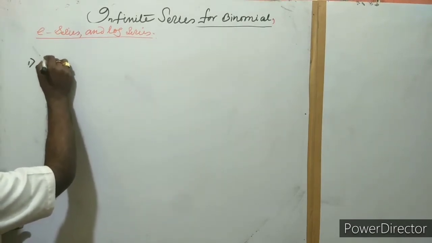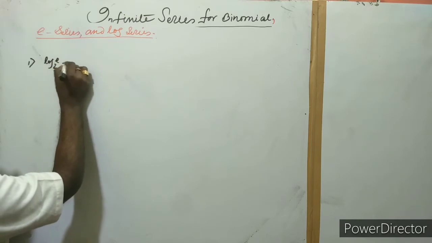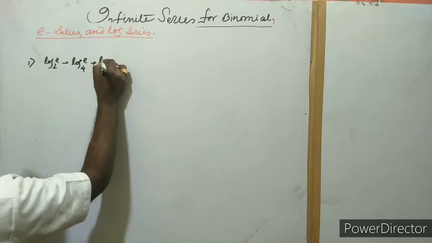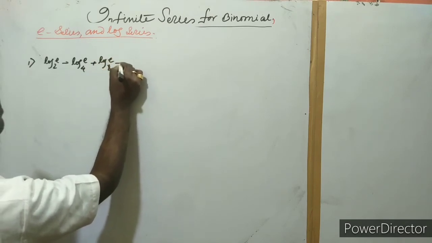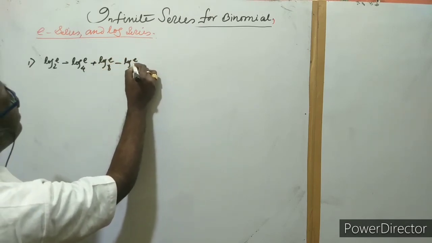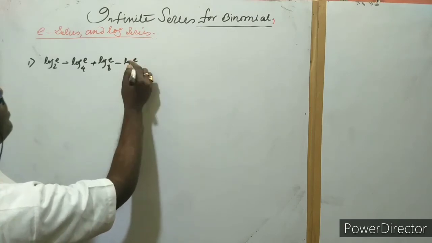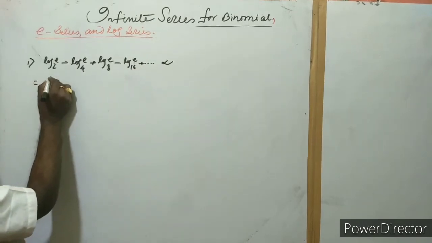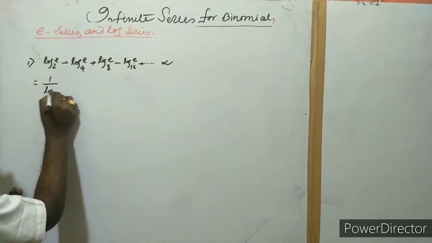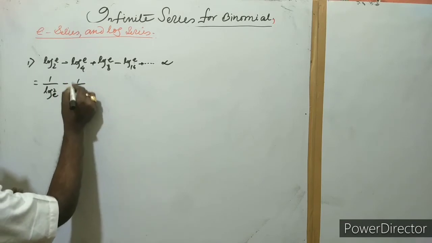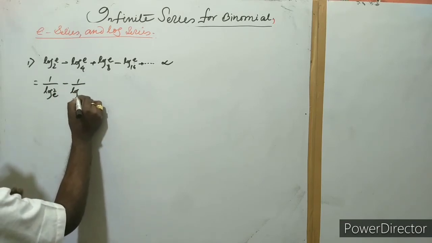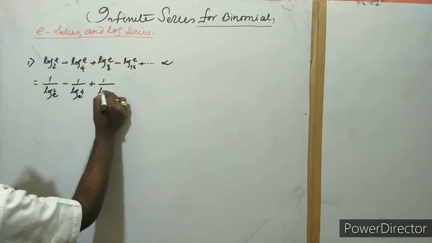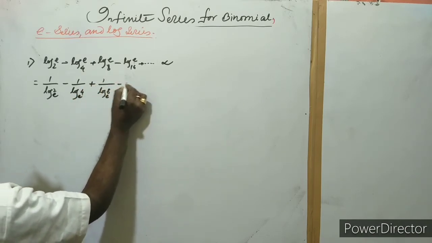Question number 1: log of e to the base 2 minus log of e to the base 4 plus log of e to the base 8 minus log of e to the base 16, and so on to infinity. Now see here, this is the reciprocal, so the base and the figure are interchanged, then we can simplify, otherwise it is not possible.